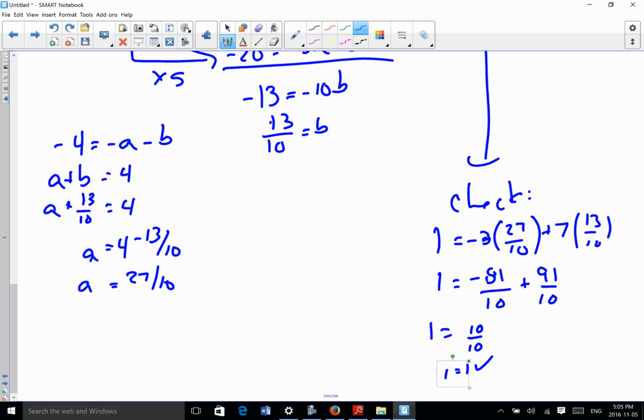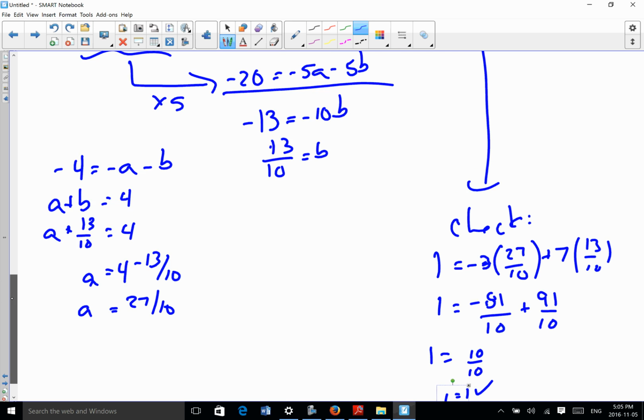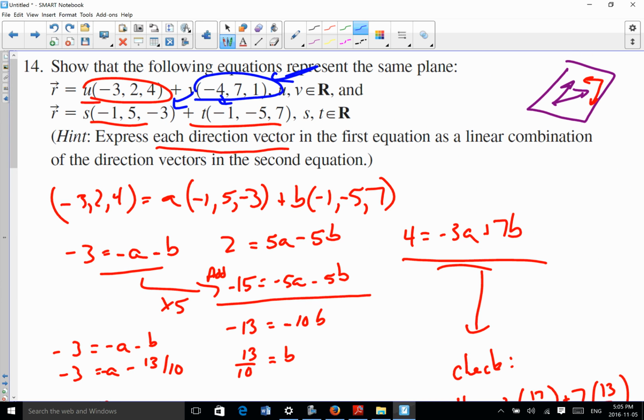Hey, we've proven it. So because all four vectors are coplanar, they must lie in the same plane. And the only way two vectors lie in the same plane is if they define that plane. So indeed, these two equations represent the same plane.